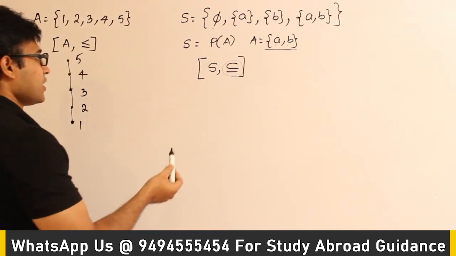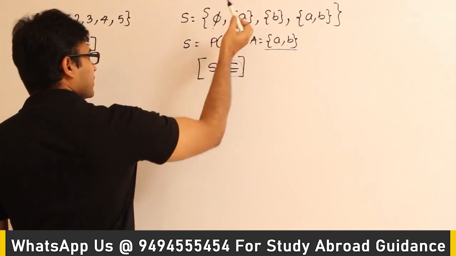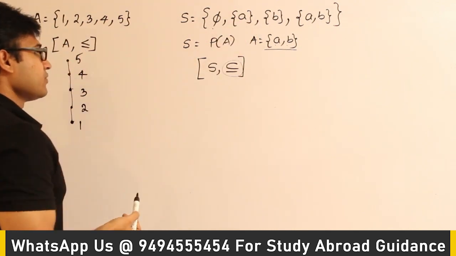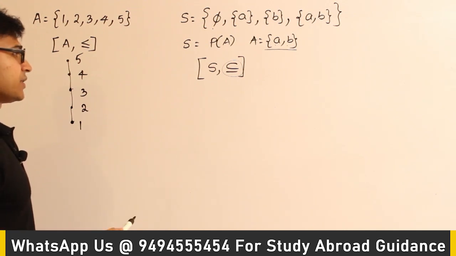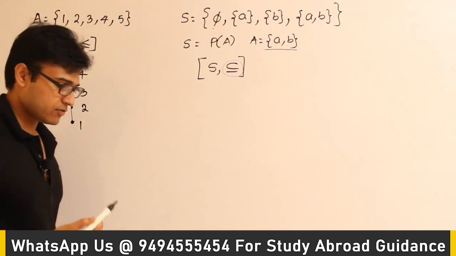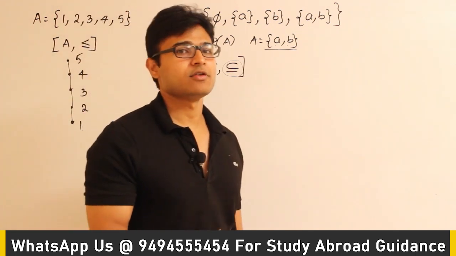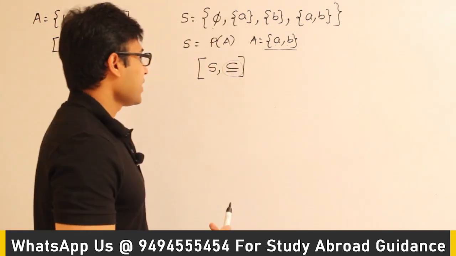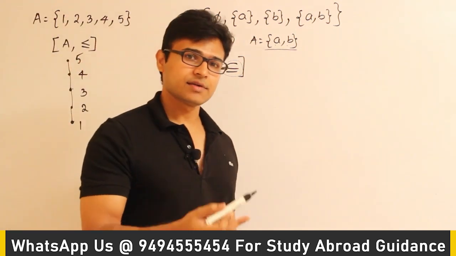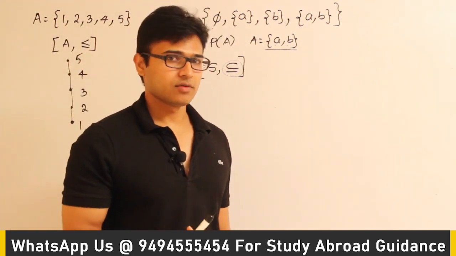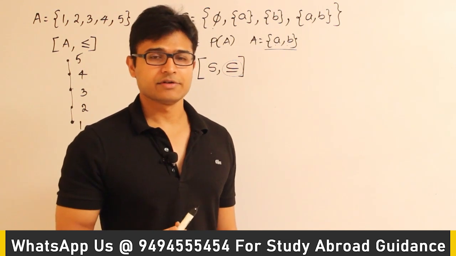Reflexive means every set will be a subset of itself. Antisymmetric means if A is a subset of B and they are different, then B cannot be a subset of A. Transitive means if A is a subset of B and B is a subset of C, then definitely A is a subset of C. That is how it is definitely a partial ordering relation.